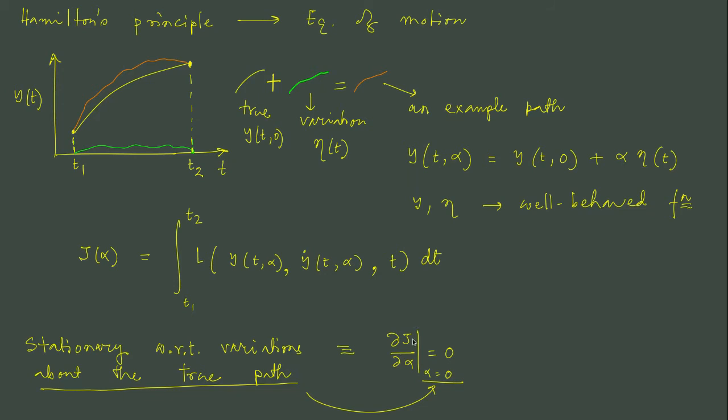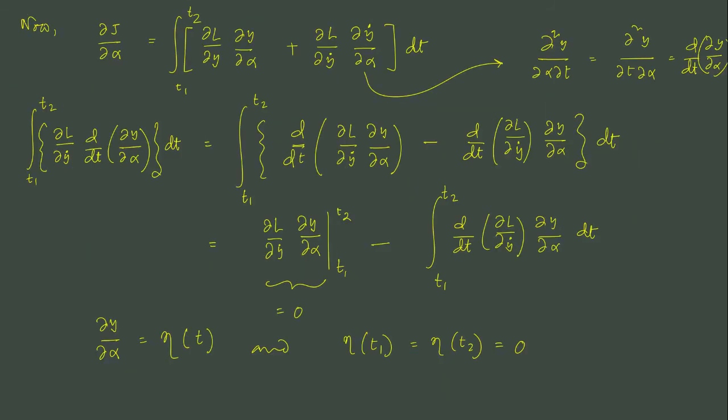That tells us that if we take a derivative of J with respect to alpha and evaluate the derivative at alpha equal to 0, then it should be vanishingly small. That is the idea of having J stationary close to alpha equal to 0. That is supposed to give us the true path.